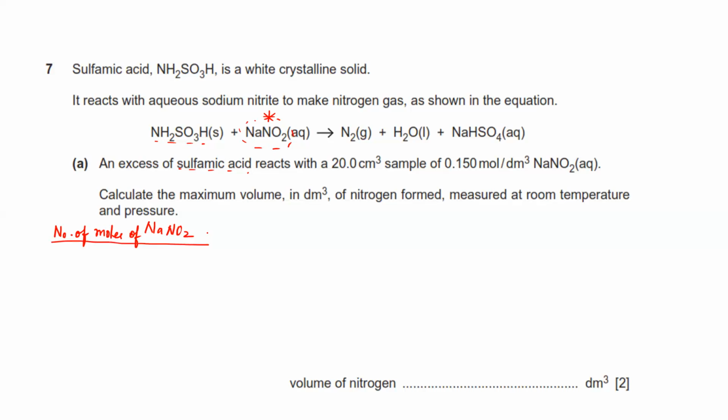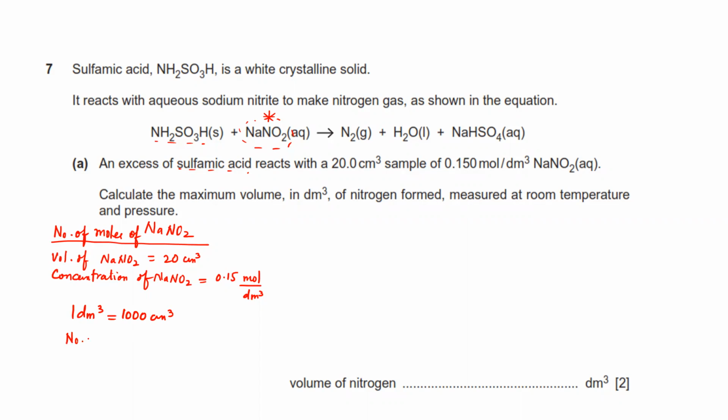We have the volume of NaNO2, which is 20 cm³, and the concentration of NaNO2, which is 0.15 mol per dm³. And remember, 1 dm³ is 1000 cm³. So from here we can find the number of moles.